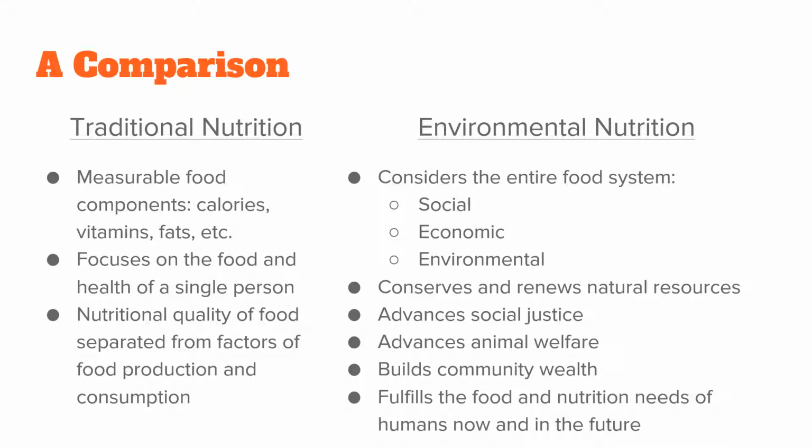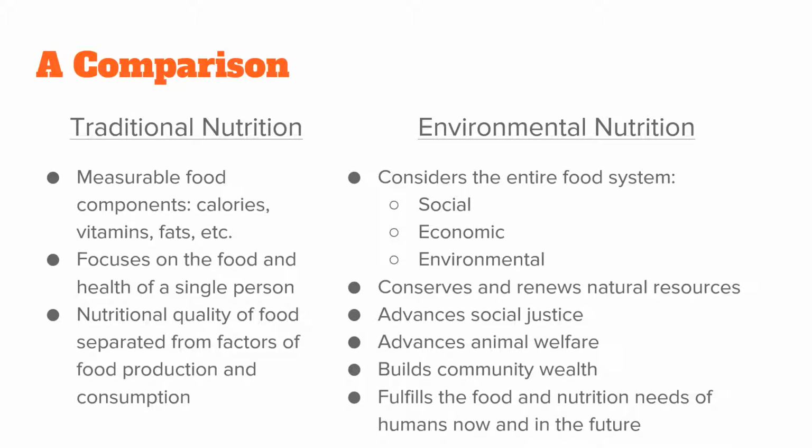Just Google CAFO, concentrated animal feeding operation, or just Google animal agriculture. Google any documentaries on the current food system, and you'll start to get some insight into the pretty horrific animal agriculture approach. So environmental nutrition would aim to improve the well-being of all animals involved in the food system.